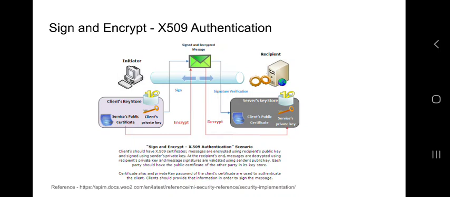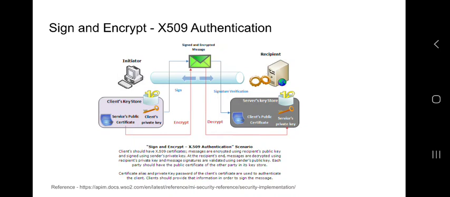So now in this scenario, the client will have the service's public certificate and the service will have the client's public certificate, and each party will have their own private keys as well. Now how to sign it and encrypt it? So the client should have the X509 certificate, of course, its own private key and all that, and messages are encrypted using the recipient's public key.